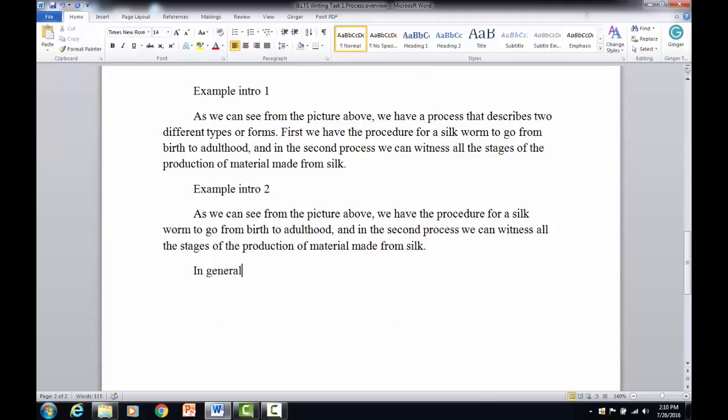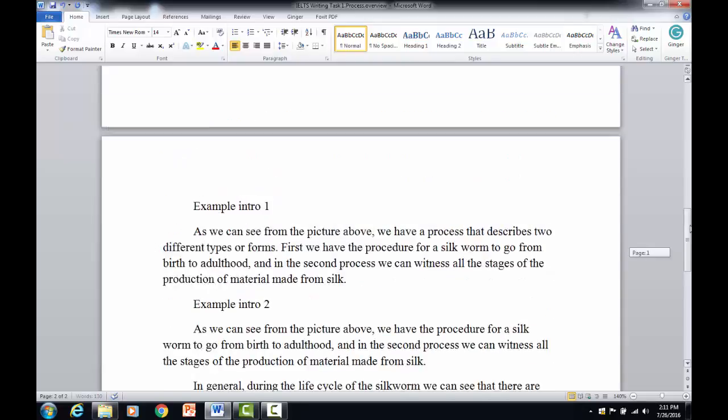In general, comma, during the life cycle of the silkworm, we can see that there are 5.